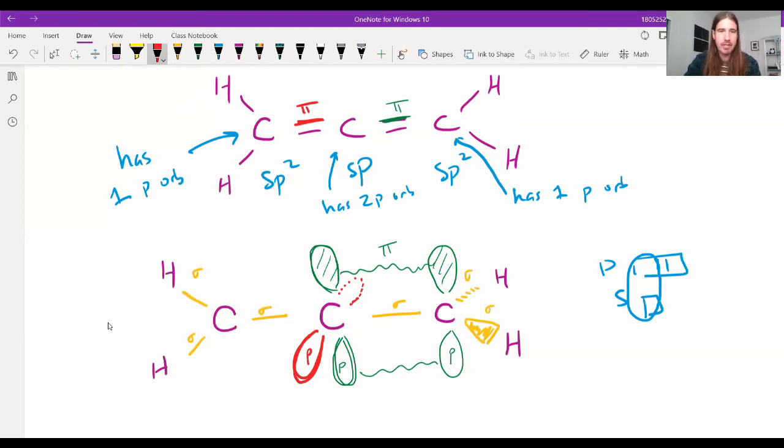Say green is px and red is py, or whatever. Then the left carbon, in order to form that pi bond, has to use the same direction of p orbital, so these overlap in this way to make the pi bond on the left.